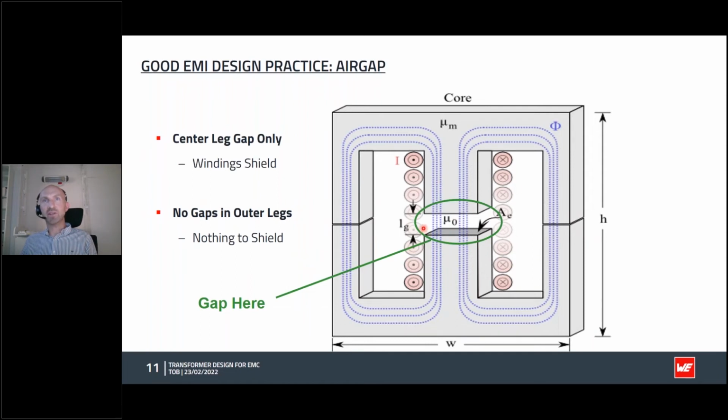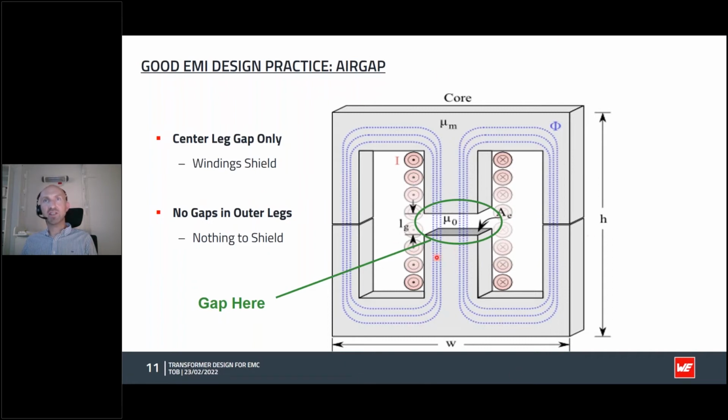We can do it either on just one half. When the air gap is small, that's fine, or if it's a very big air gap, sometimes we'll do it on the 2 leg halves. But in this configuration, the gap is at the geometric center of the transformer, and so it'll be furthest away from all the surrounding circuitry.